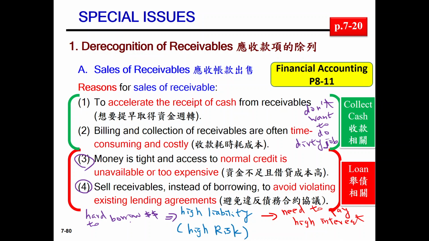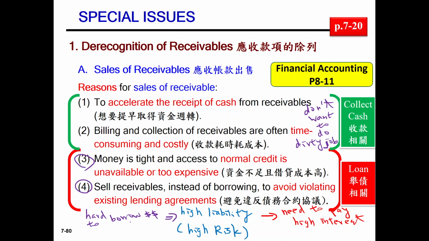Okay? Second is what? Your creditors. We have a contract with the creditors. So the creditors know that when you have a higher liability, it means higher risk, and creditors want to protect themselves. So usually in the contract, they will put a limit on the liabilities you can have.